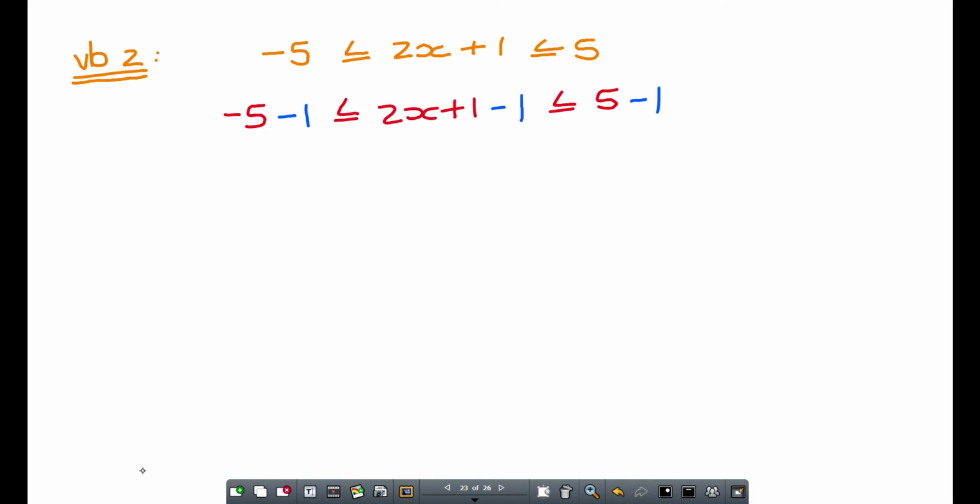Okay. Goed. So then we simplify. So ek gaan hê -6, 2x, 4. Is julle reg daar? Kan ek maar aangaan?